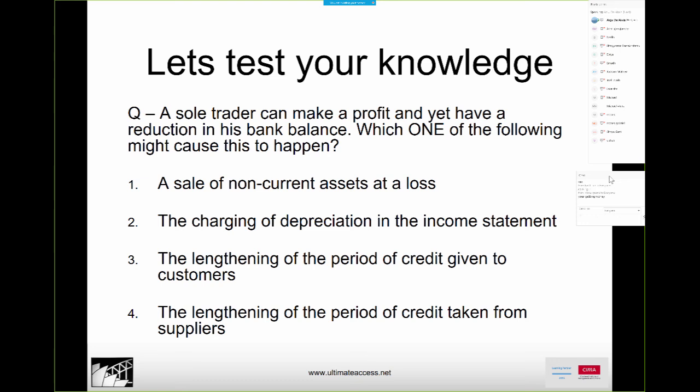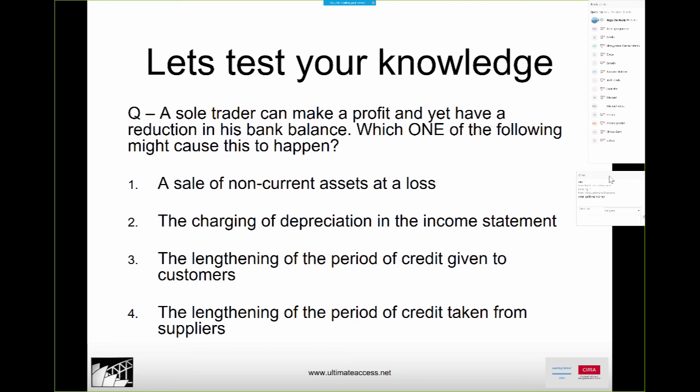That means it is because of these accounting entries that it has created a paper loss. It does not mean I'm not receiving money. I have received money. So remember that with a sale of a non-current asset at a loss, if I'm selling a fixed asset at a loss, I'm going to get cash, right?